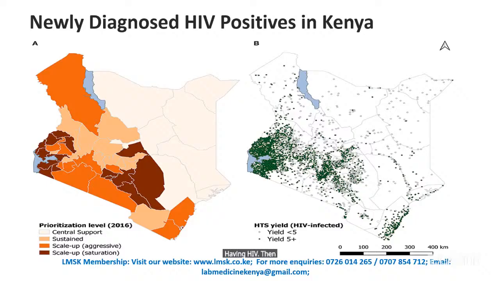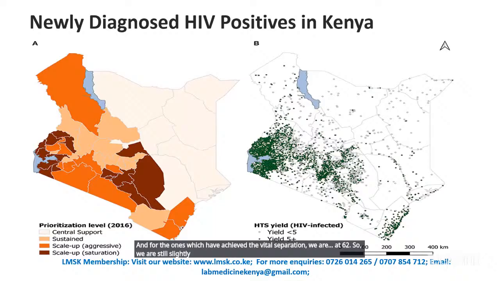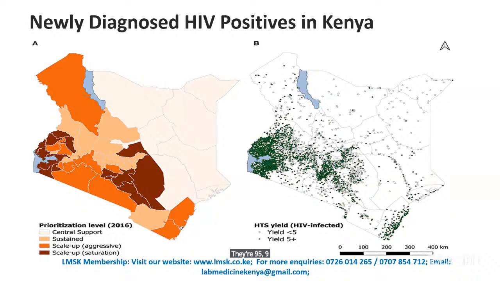For those on treatment, we are at 73%. And for those who have achieved viral suppression, we are at 62%. So we are still slightly far away from the 95-95-95, which was anticipated to be achieved by 2030.